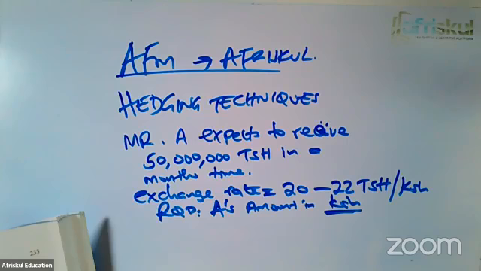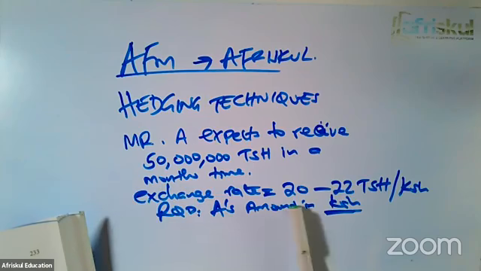Now, ladies and gentlemen, don't forget, before us there is a very good question. Mr. A is a millionaire by Tanzanian standards. Mr. A expects to receive 50 million Tanzania shillings in a month's time. The exchange rate has been given as 20 to 22 Tanzania shillings per Kenya shilling.